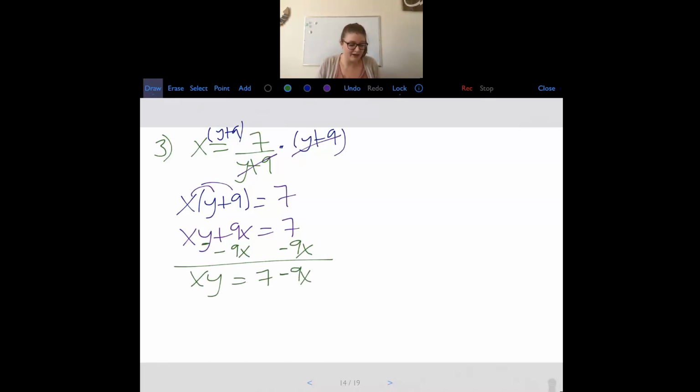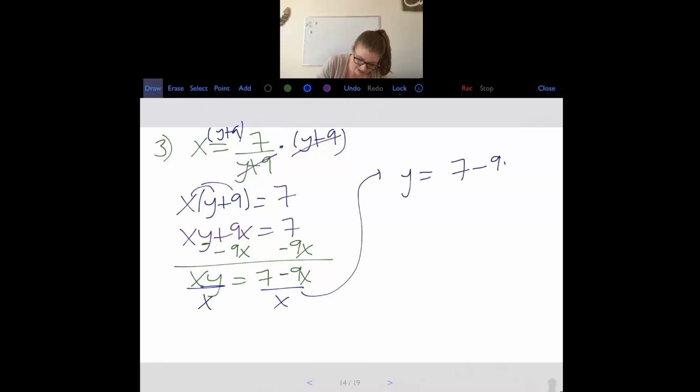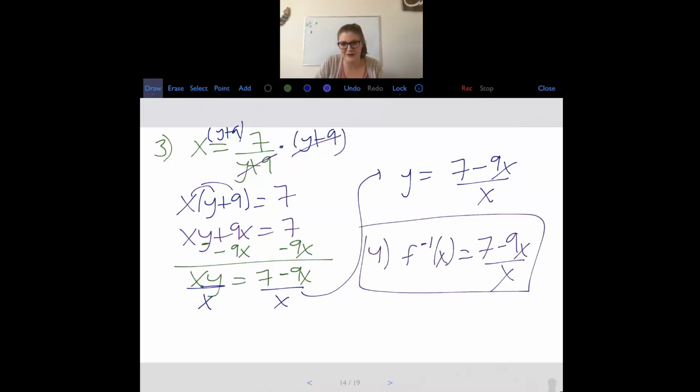Those don't combine because they are different terms. Okay, and then the last step here to get y by itself is to divide both sides by x. So we have y is equal to 7 minus 9x over x. And then the fourth step is to replace y with our inverse function notation. So a lot of steps for one problem.